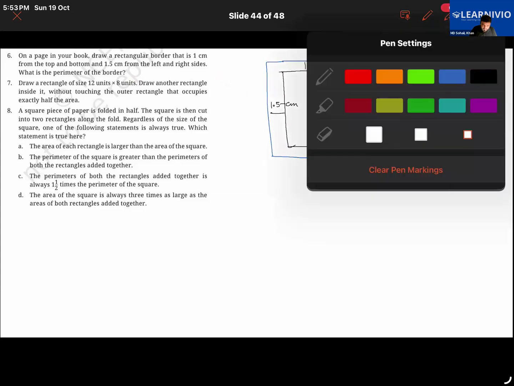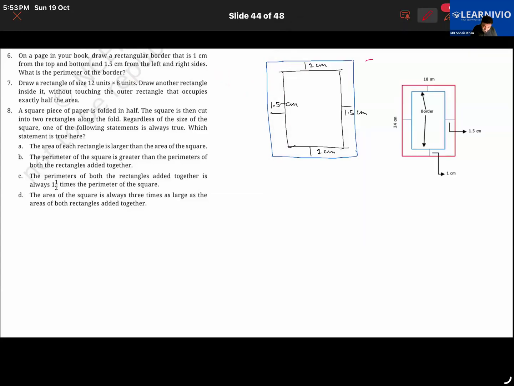I'll only be taking an example where suppose the breadth of the book is, let us say, 10 centimeter and the length, suppose, 12 centimeter. Suppose that is the dimension of the page of this book.